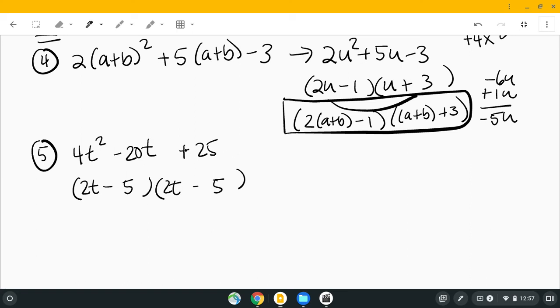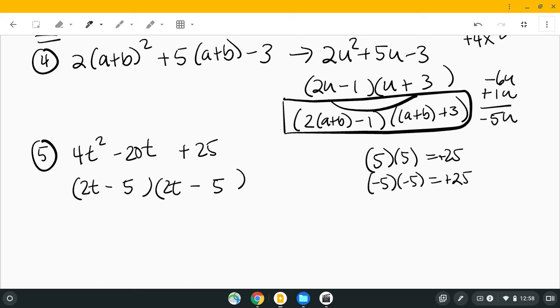Now as far as signs go, I quickly did this here, minus minus. Remember, to make positive 25, you can do 5 times 5, that will give you positive 25, right? But negative 5 times negative 5 also gives you positive 25, right? So you have 2 choices there. It could be positive positive, or it could be negative negative.